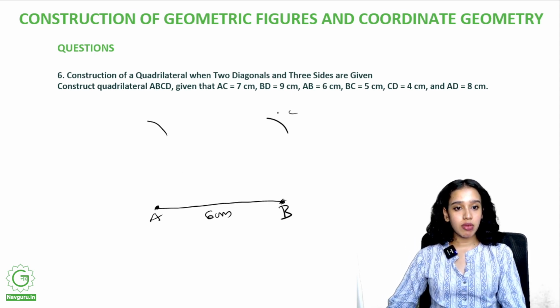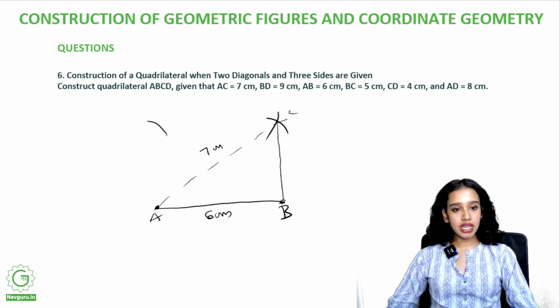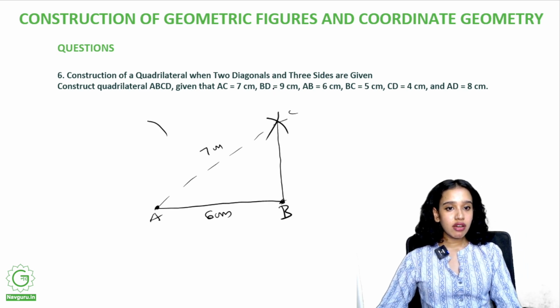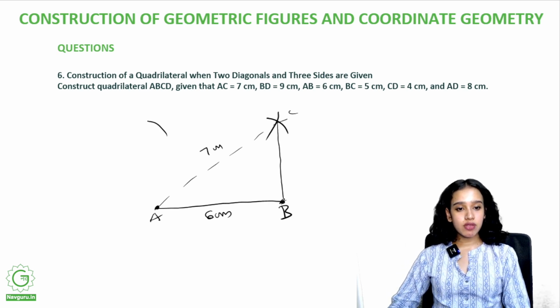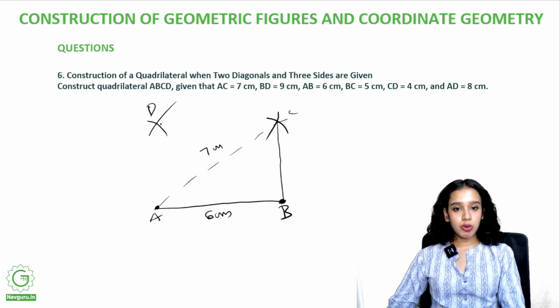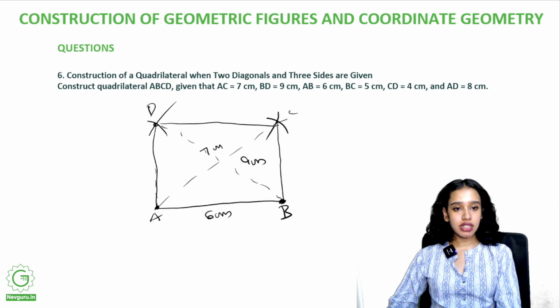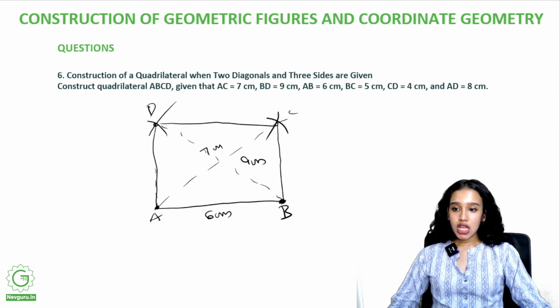So, from A, I'll mark 7 centimeter here, which I'll get a diagonal, which is 7 centimeter. Now, I'll join this line to B, I got CD, right? Now, I have a diagonal BD 9 centimeters. So, I'll put my compass at B and draw an arc here, and this would be the point D. This would be at a distance of 9 centimeter from B, right? We'll join all these 4 sides and we'll get the required quadrilateral.